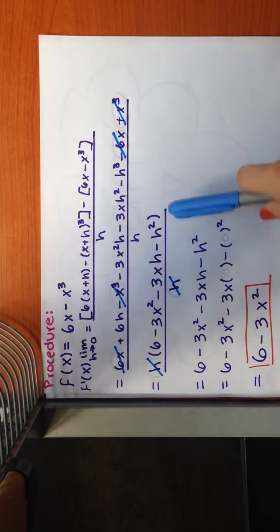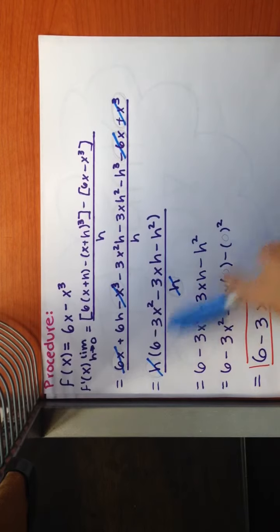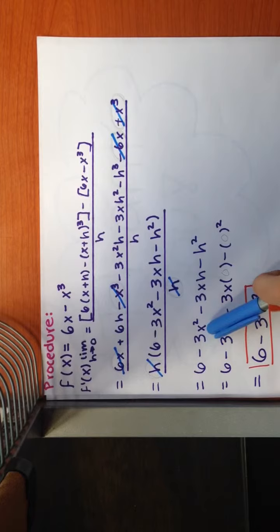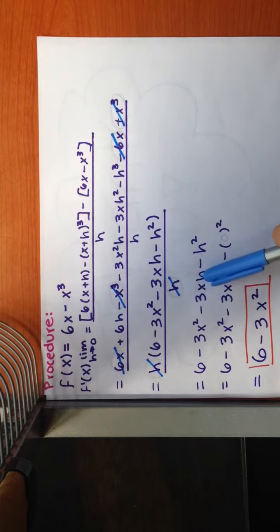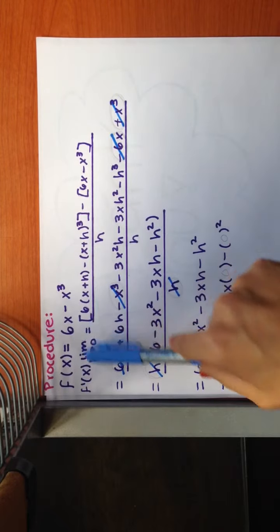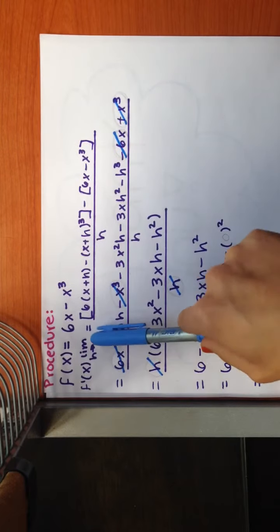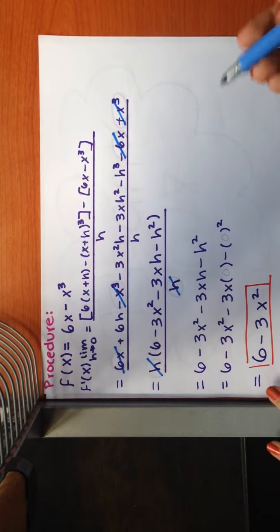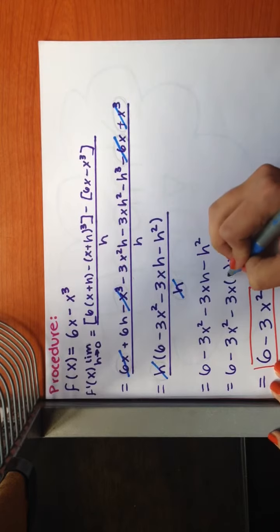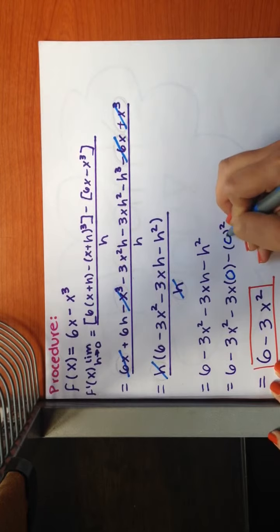After we get rid of these two h's, this will be the outcome, 6 minus 3x to the second power minus 3x times h minus h to the second power. Remember that when the limit of h approaches 0, this means that we can plug in a 0 in every h.